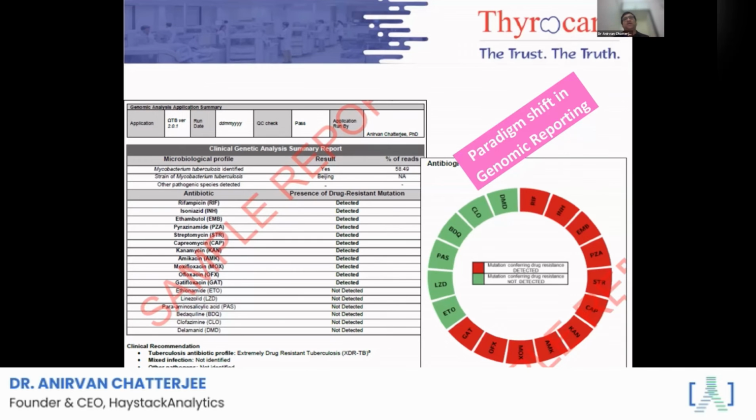You must choose drugs from the green, which work best for the patient with the least amount of side effects that is possible. This is the kind of report we want clinicians to use today for treating their tuberculosis patients. We don't want the clinician to worry whether it's a mutation or a variant or a polymorphism. We just want the doctor to understand that these are the drugs based on the WHO list that work.